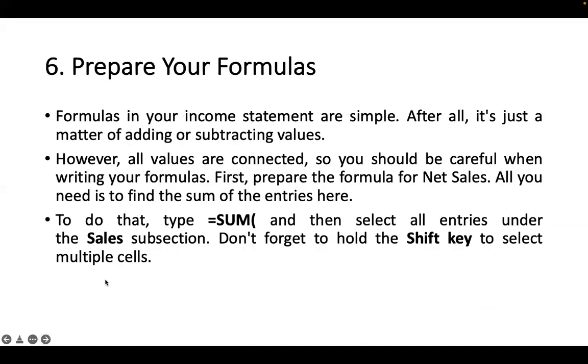All entries under the sales subsection have to be added. Don't forget to hold the shift key to select multiple cells. This also I told you: if you want to select multiple cells, you have to use the shift key.